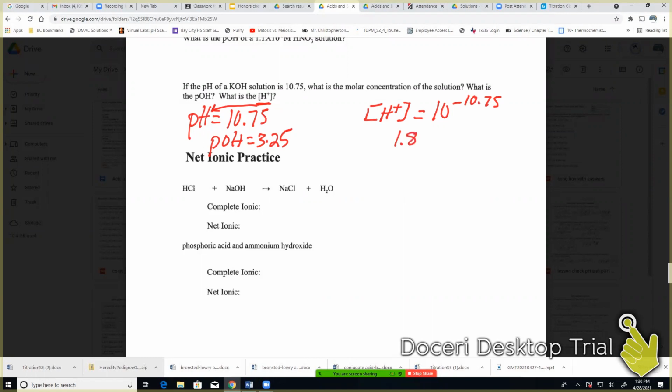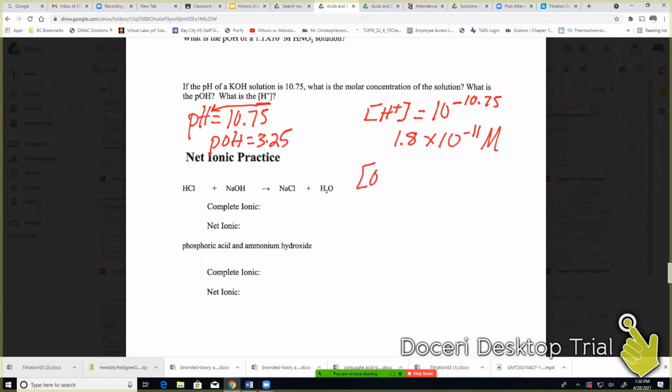How about 1.8? Did I round wrong? That is always a possibility. Yeah, see how it's 1.778 something. So if I just do 2, I'm going to round it to 1.8 times 10 to the negative 11th. And it's molar. That's the concentration.